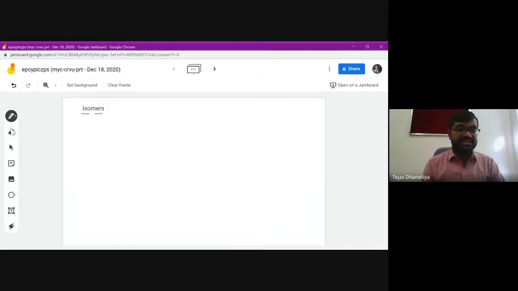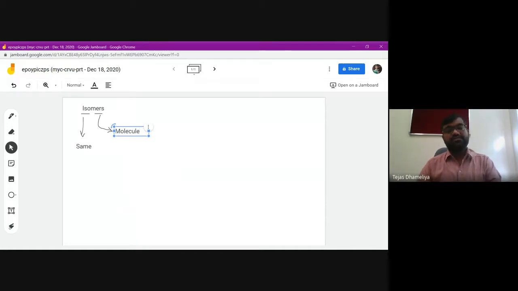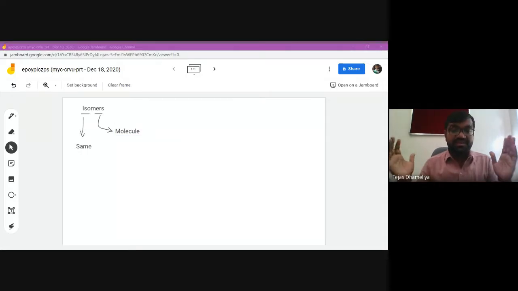The dictionary meaning of iso is same. This mer basically stands for a particular unit, we can call it a molecule. So they are the same molecules, isomers. They are the same kind of molecules.